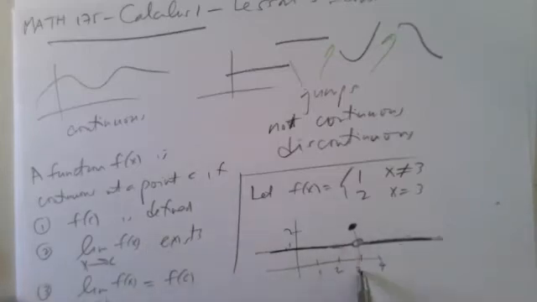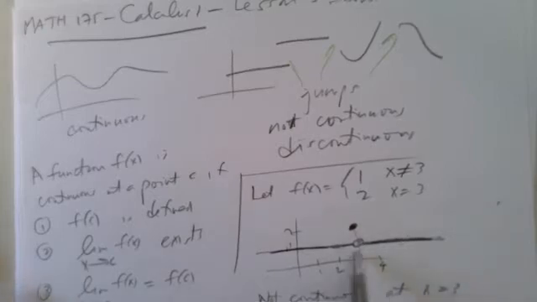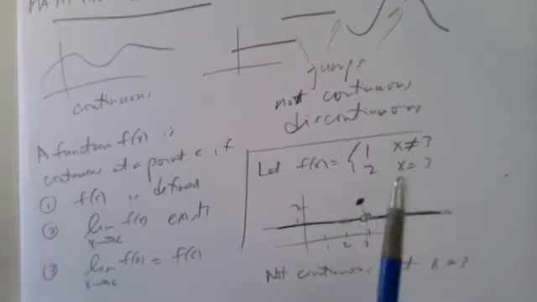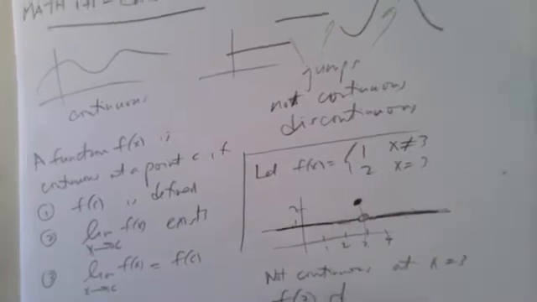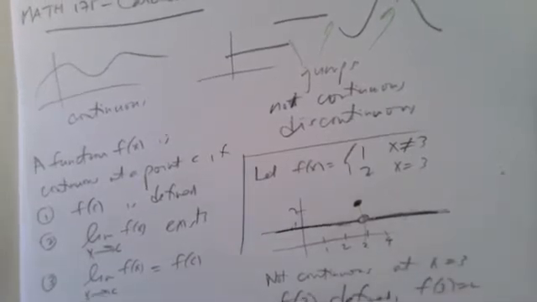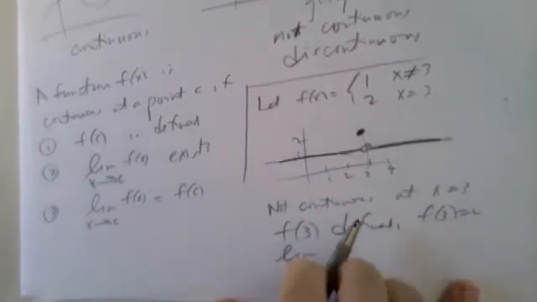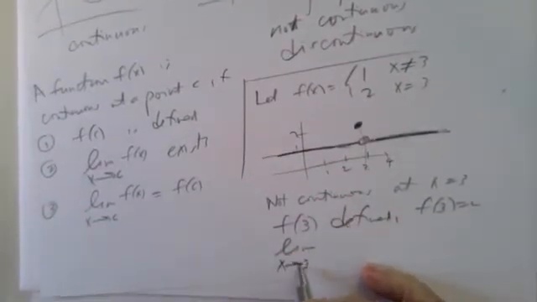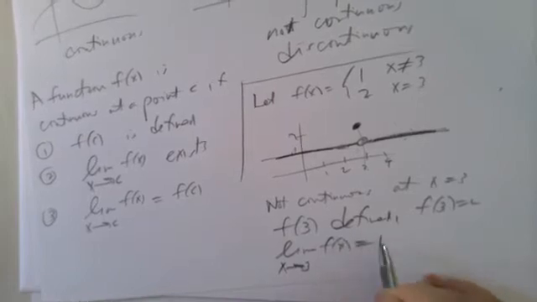So this function is not continuous at x equals 3. Why not? Well, f of 3 is defined. f of 3 is equal to 2. And the limit as x approaches 3 of f of x exists.